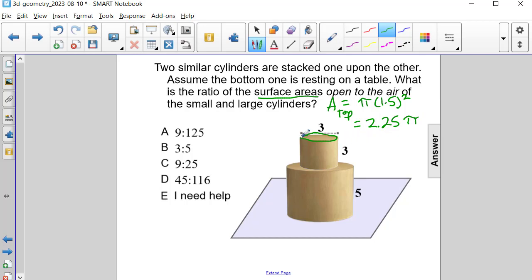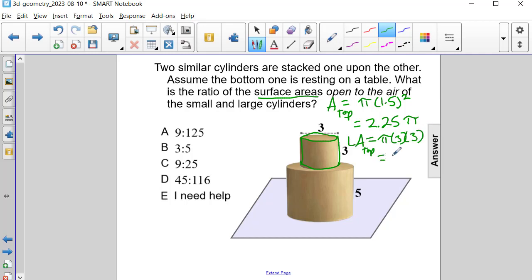Now we also have to find the lateral area, or this area going around the top. And that lateral area of the top cylinder is going to be equal to either 2 pi r times the height, or you could do pi times d times the height. Since we're given the diameter of our top circle, we're going to use pi times the diameter of 3, and then the height of the cylinder is also 3.